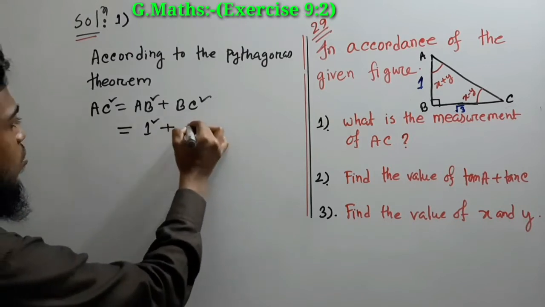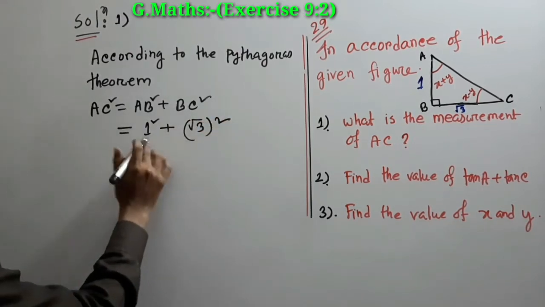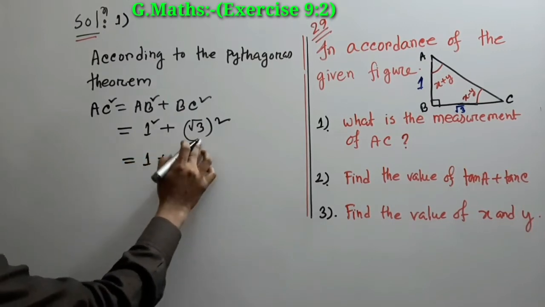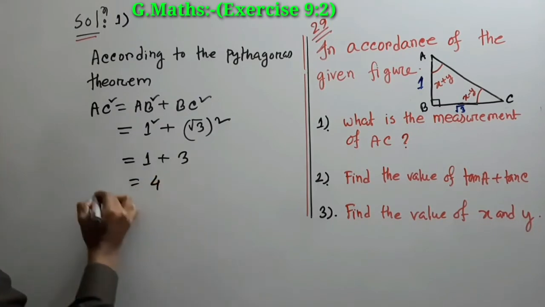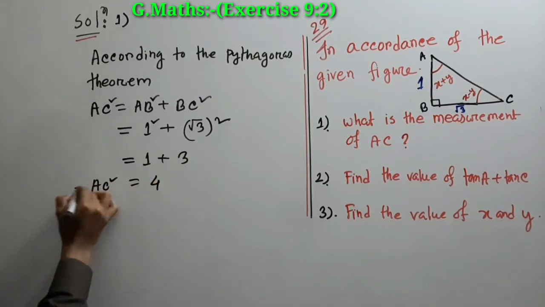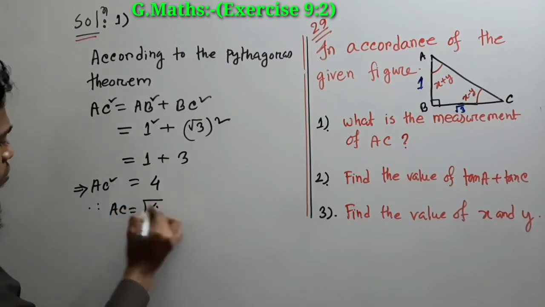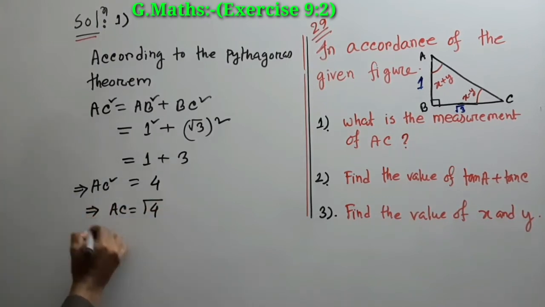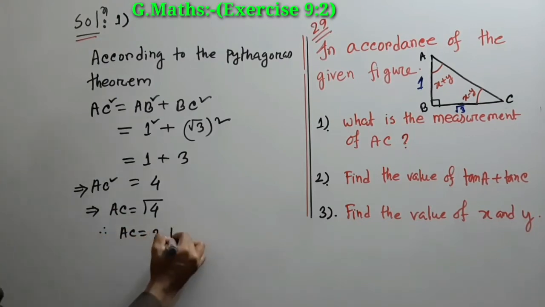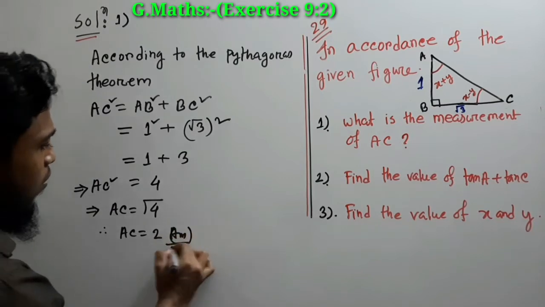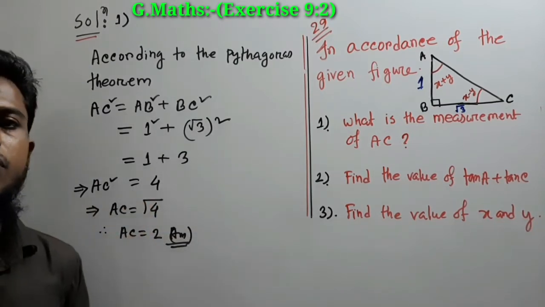The value of BC equal to root 3, so root 3 whole square. 1 square, that is 1, root 3 whole square, that is 3. So 1 plus 3, that is 4. So AC is equal to root over 4. Therefore, AC is equal to 2. This is our answer. I think dear students understand this calculation very easily.